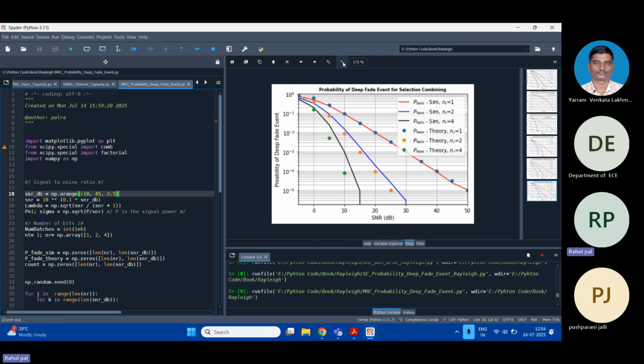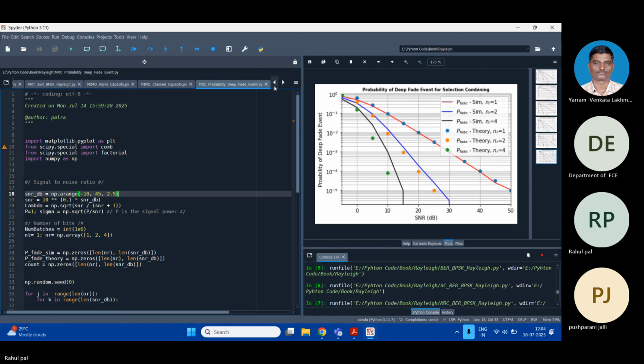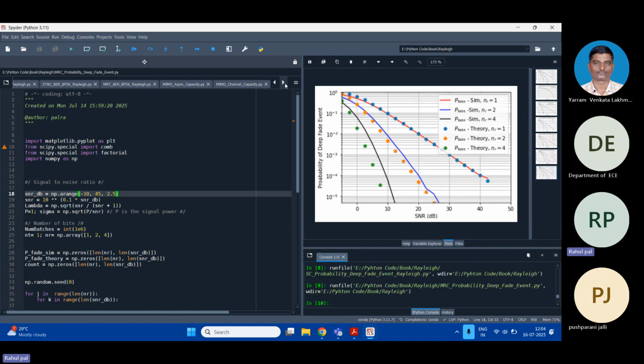Okay, this is for max. Okay, that is what it was. This was for selection combining. Now I'll share the code for the maximum ratio combining that we have studied just now.